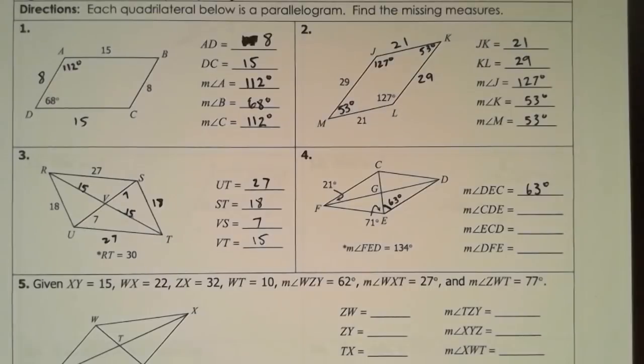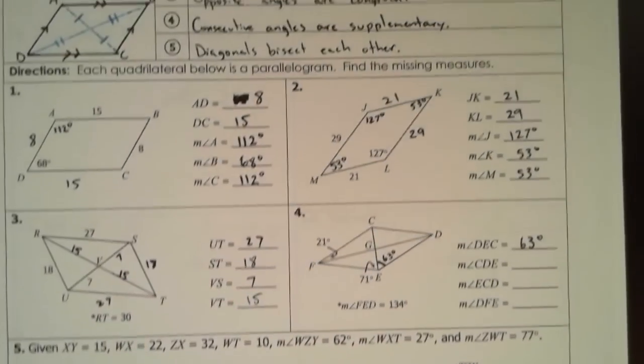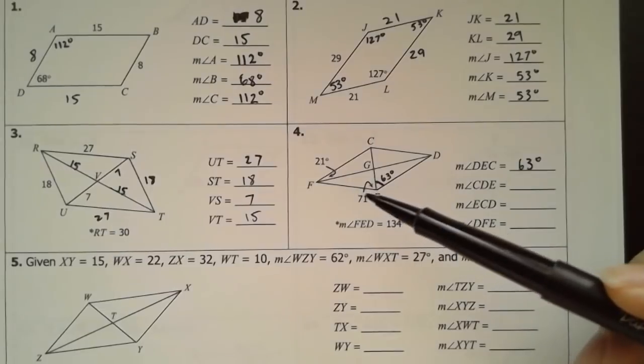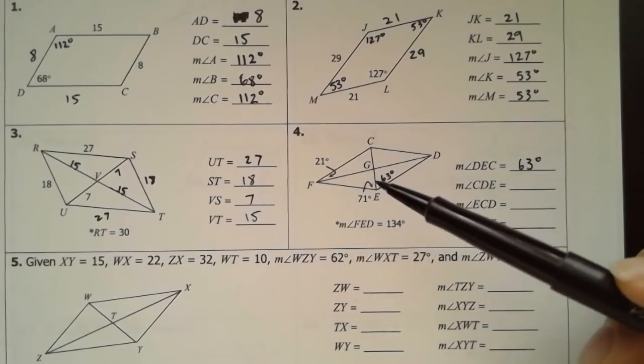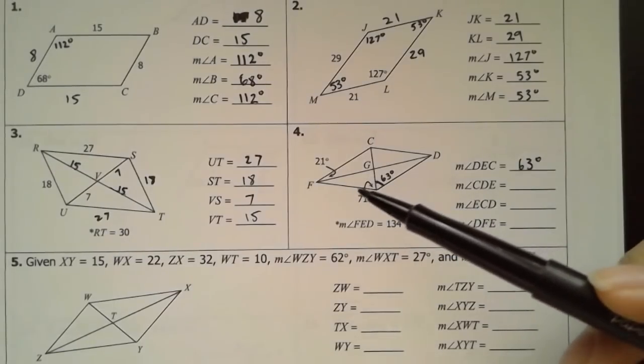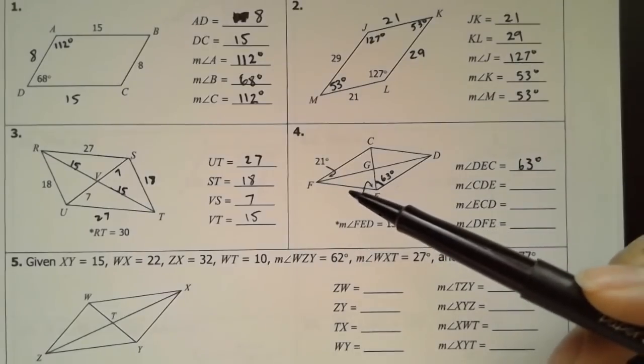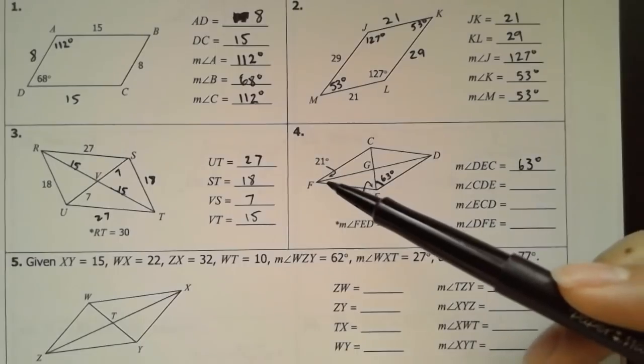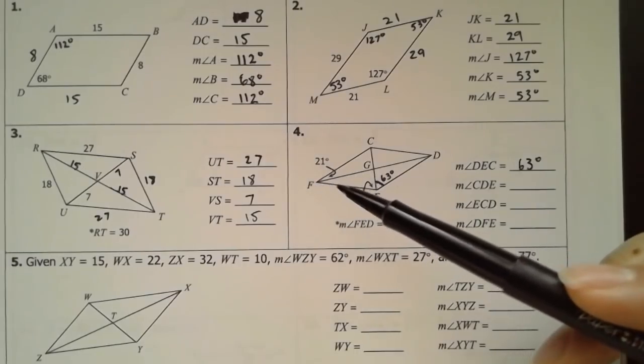Okay, so what we need to do is we're going to use property 4, consecutive angles are supplementary. We know that this entire angle here is 134 degrees. So then this angle, the entire thing here that I'm outlining, plus this angle here need to add up to 180 degrees.